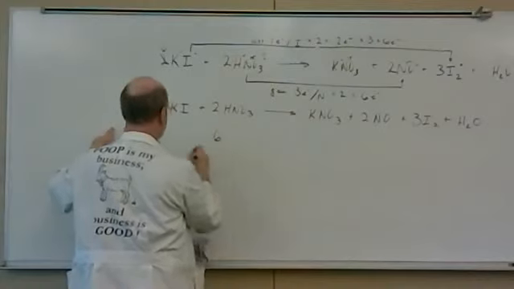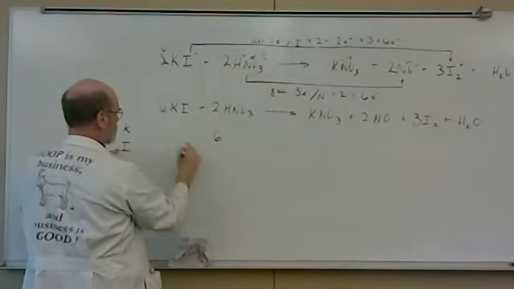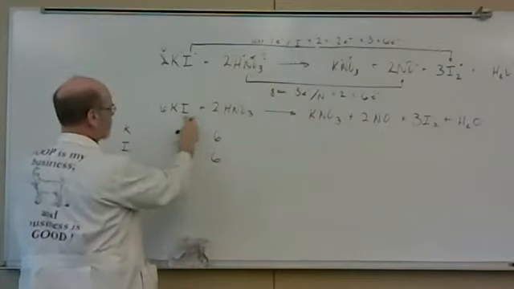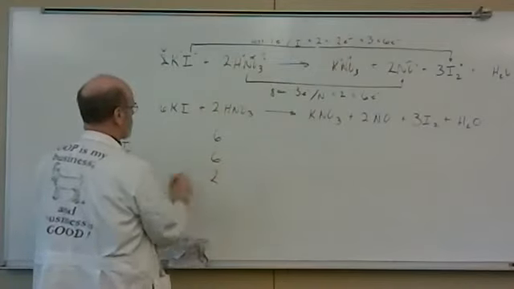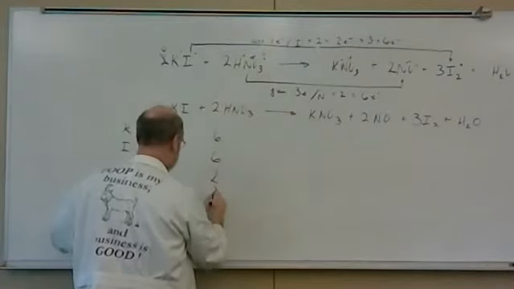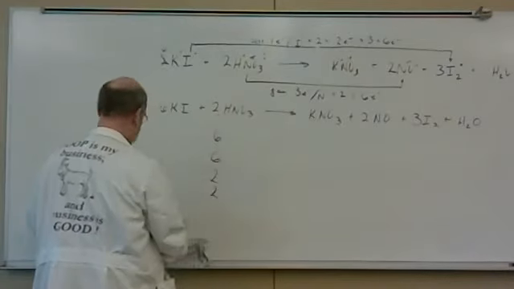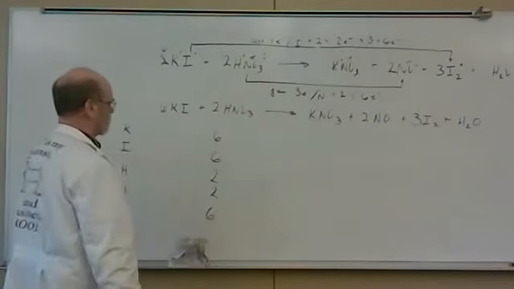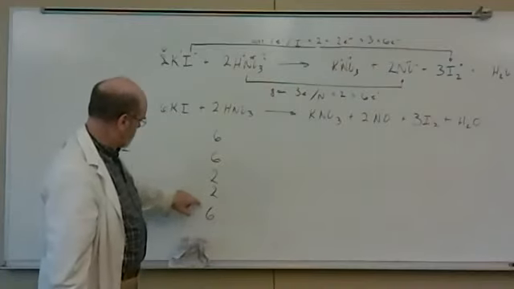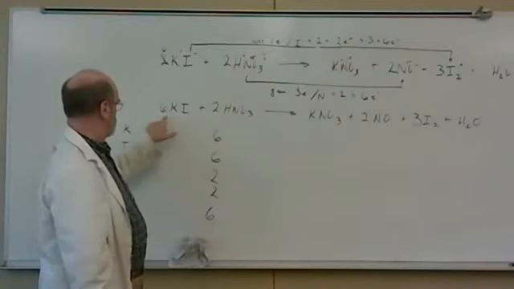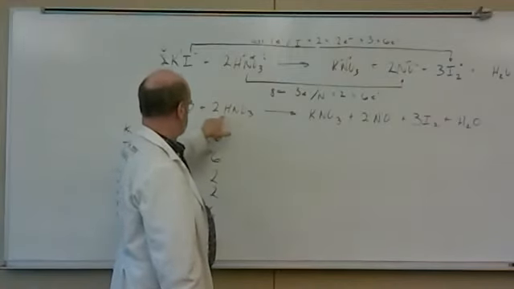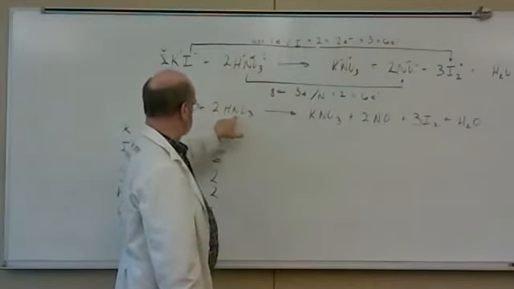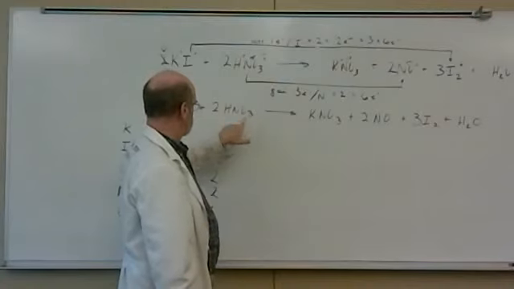So in this case, we've got 6K, 6 iodine, and hydrogen is 2. Nitrogen is 2, right? 2 times 1, and oxygen is 6. Now let's see if I got that right. 18, 22. So that's 12, 14, 16. That's 19.